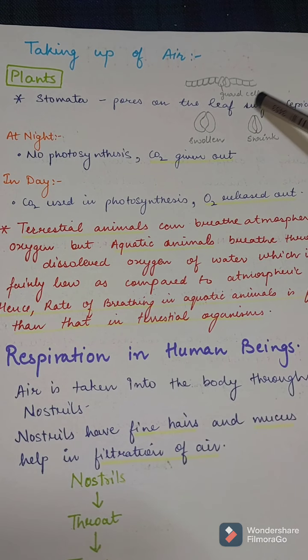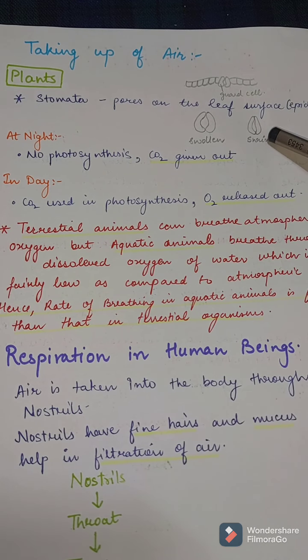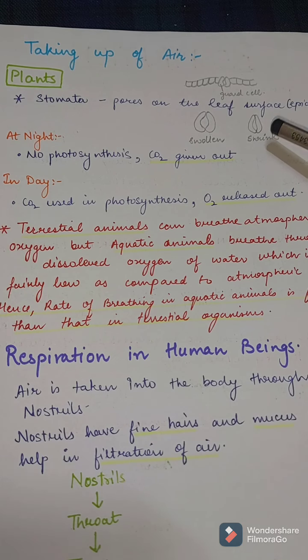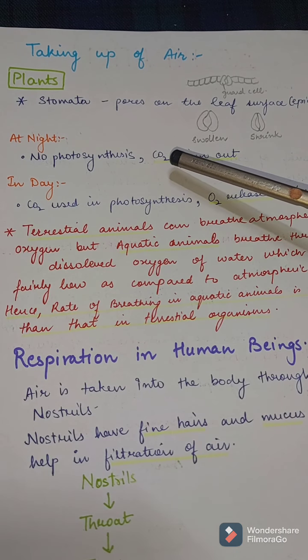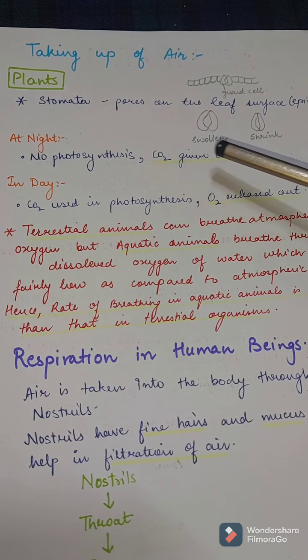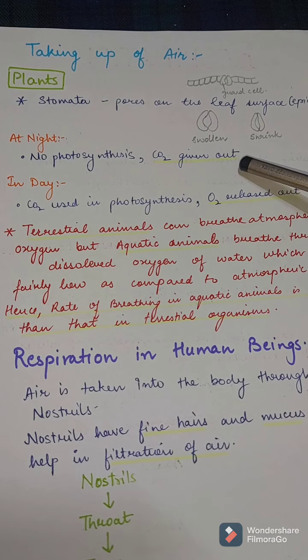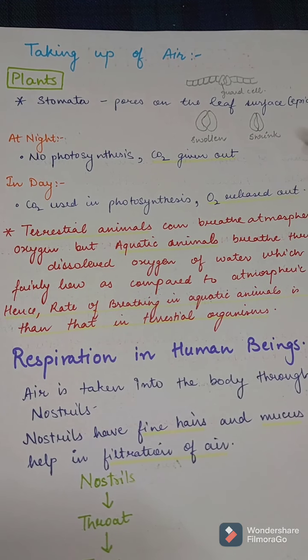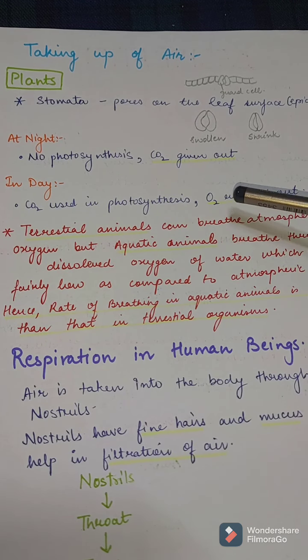And when they are in the shrunk position, no exchange of gases takes place. At night there is no photosynthesis because there is no sunlight, and sunlight is required for photosynthesis. So carbon dioxide is given out. While in the day, carbon dioxide is used in photosynthesis, so oxygen is released.